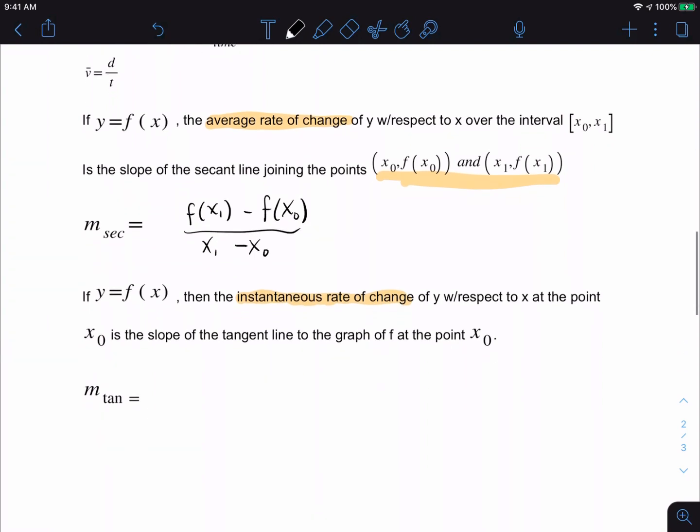For the instantaneous, the difference is you're going to take the limit as you go from x1 to x naught. So as you're going from your q to your p, you're going to take the limit like I did in my previous examples. Are we okay with that?